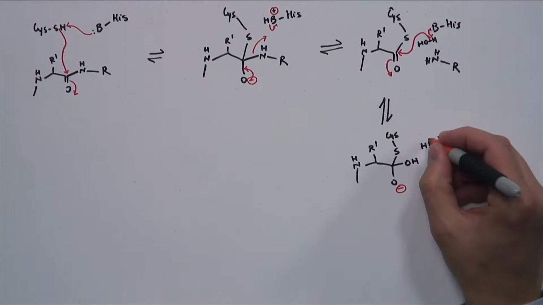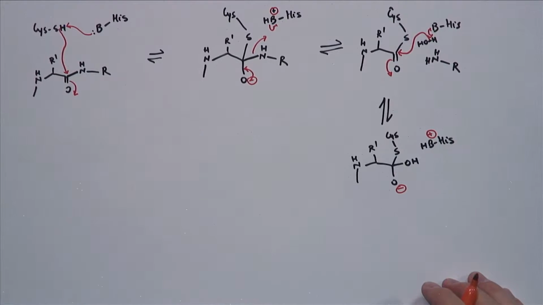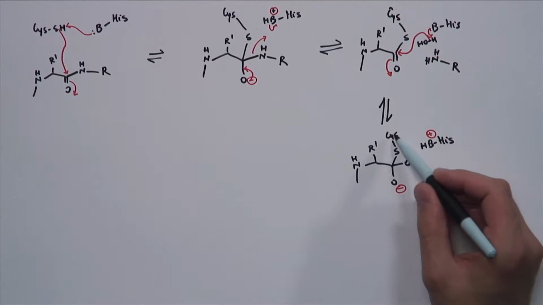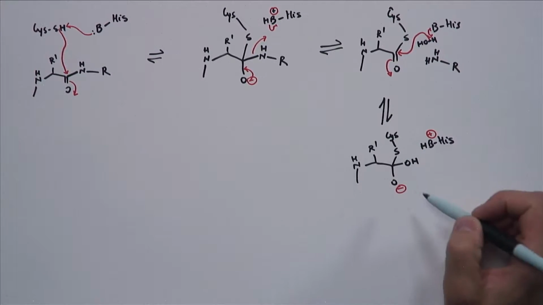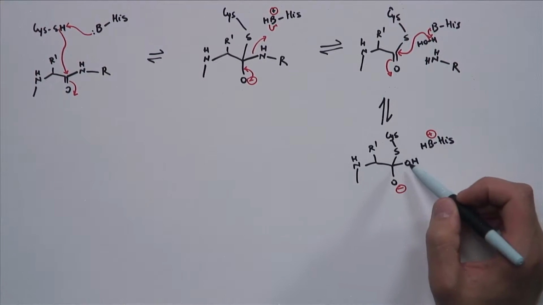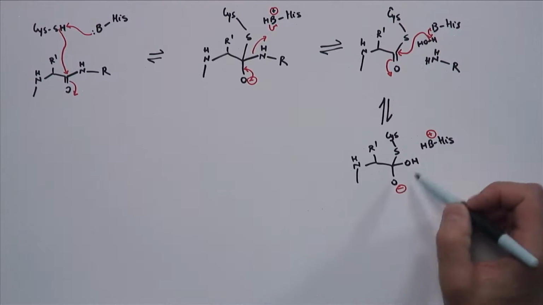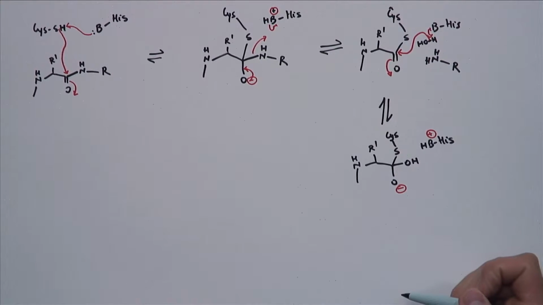Have a negative charge here and a positive charge on the histidine. Finally, this tetrahedral intermediate will collapse, kicking off, restoring the cysteine in the active site, which can be reprotonated by the protonated histidine, and releasing the second half of our substrate here.